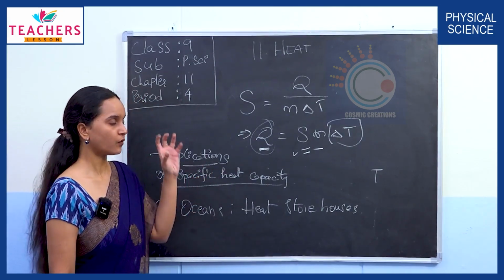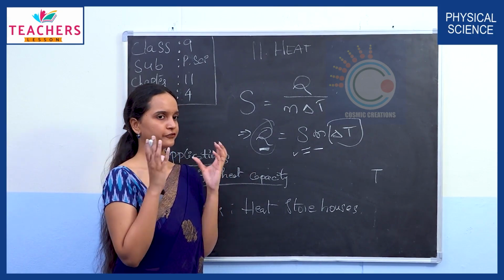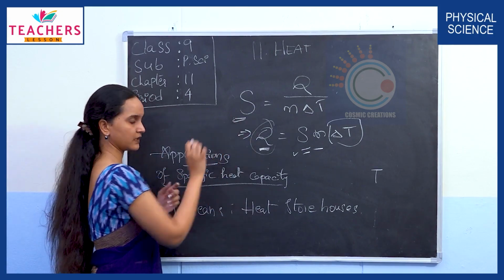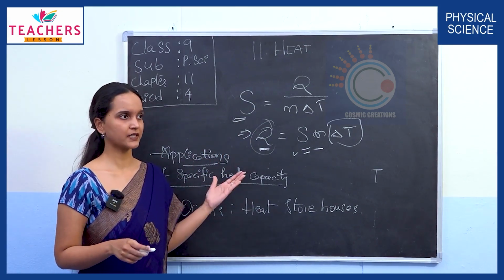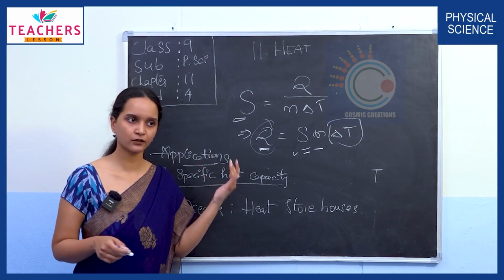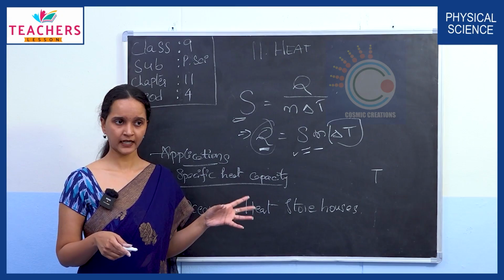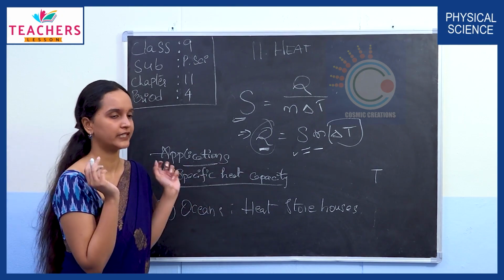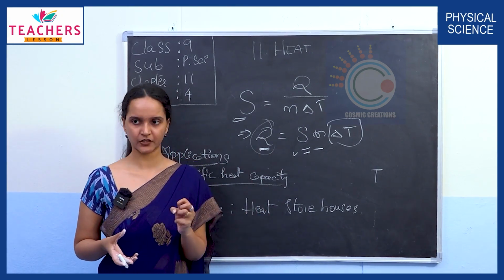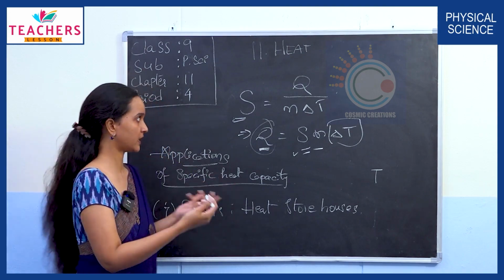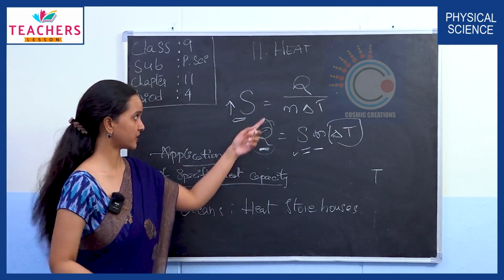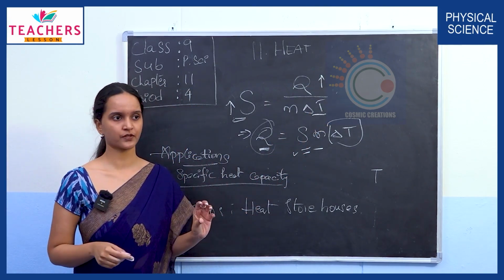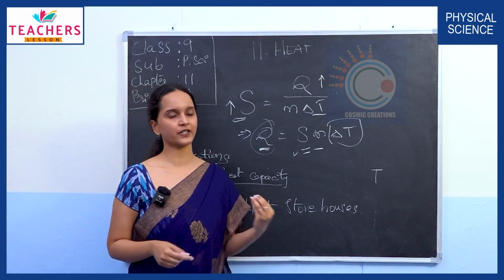That means water would be able to take a lot of heat without changing its temperature. That's what higher specific heat means, right? The substance is highly reluctant to change its temperature. It does not like to change temperature quickly, even though you supply it with a lot of heat energy. It will simply take that heat energy, but it will not change the temperature, because the specific heat is higher. That means a greater amount of heat energy for very little change in temperature. So water has a greater specific heat capacity.